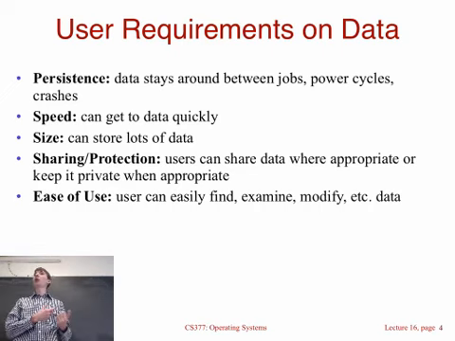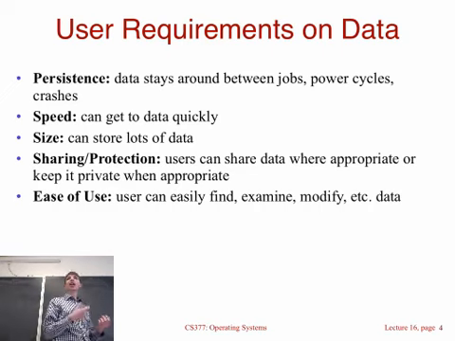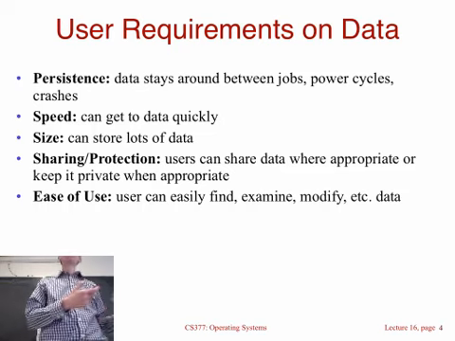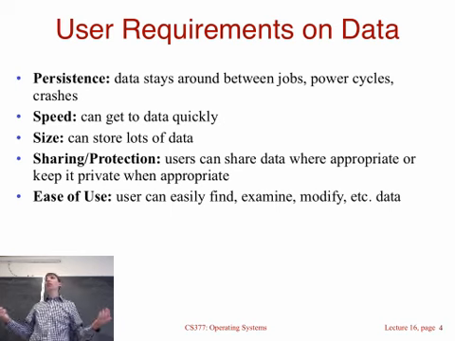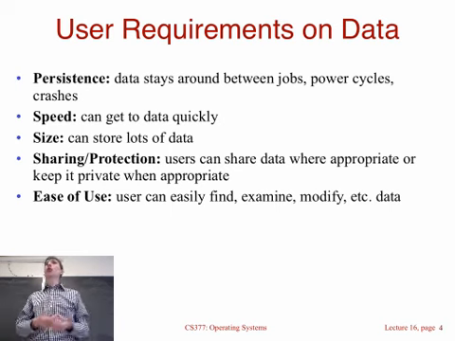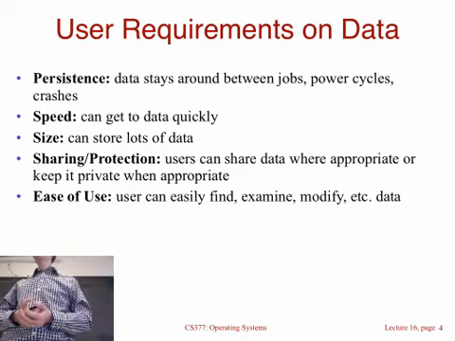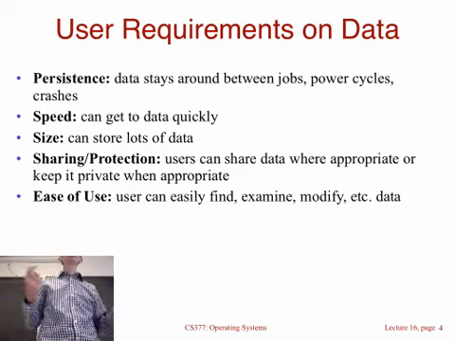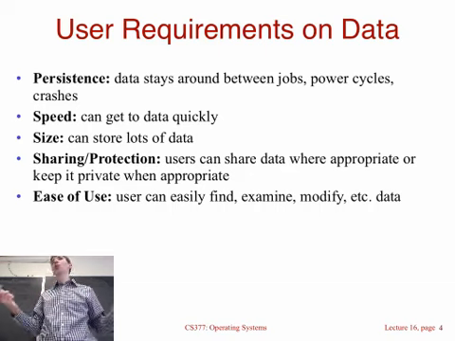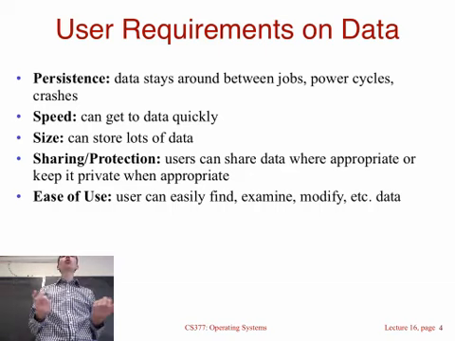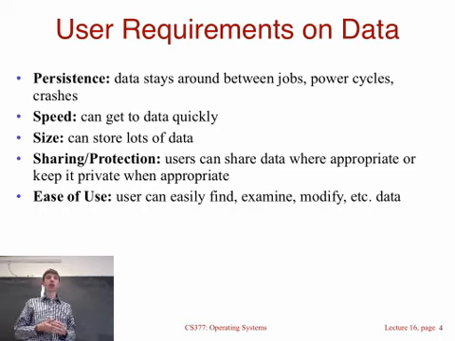On memory, we're very worried about how much data can I actually store in memory, and what can I do to get around the fact that often I'm going to want more than I actually have. With a disk, that's not really an issue. You might have a terabyte of disk storage, and if you need more, pretty easy, you can just go out and buy another disk. Not that expensive, not difficult. So the amount of storage you have is much less of a consideration.